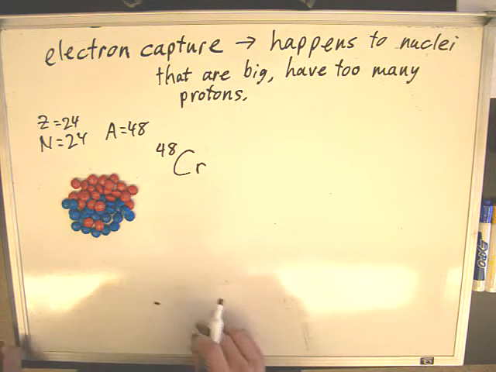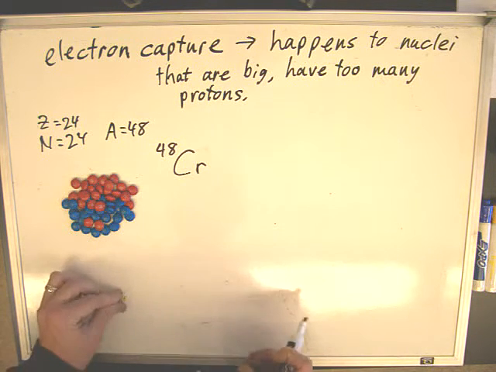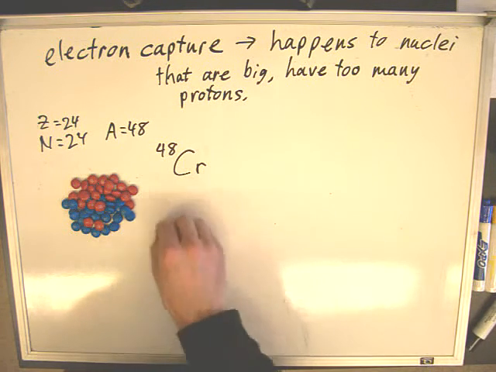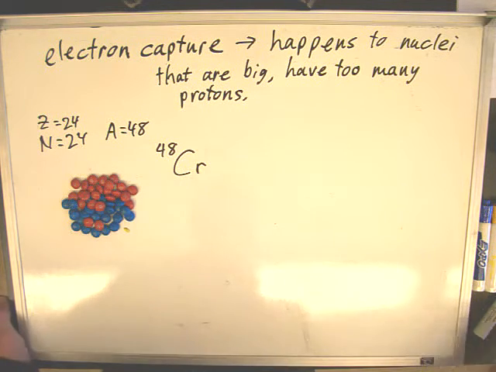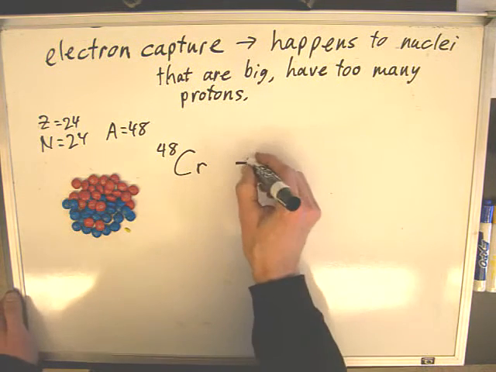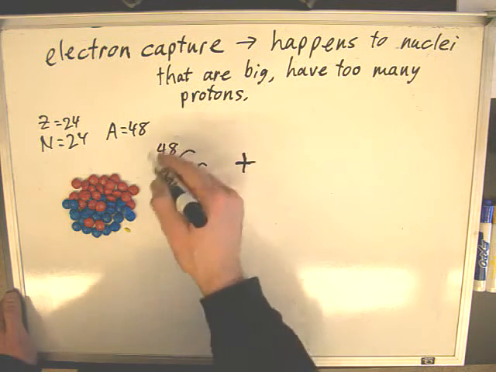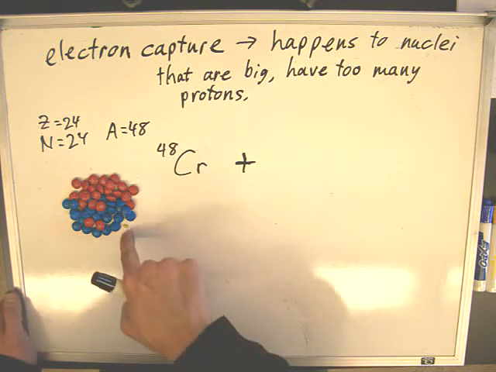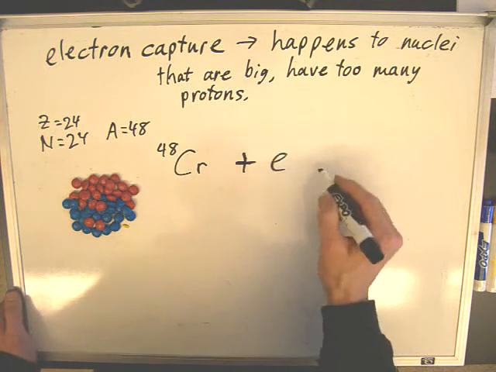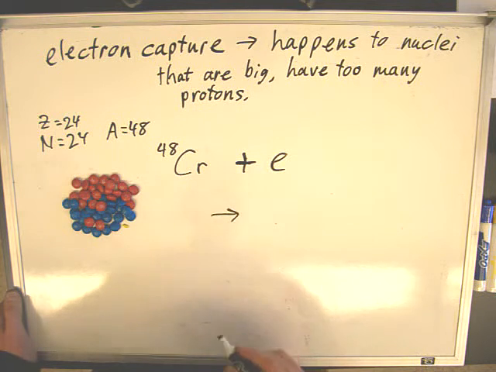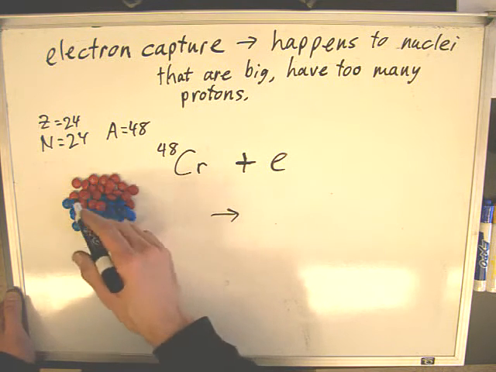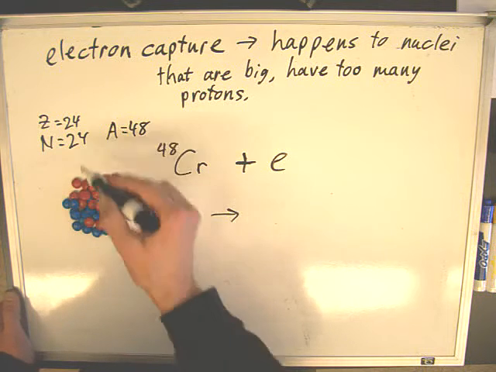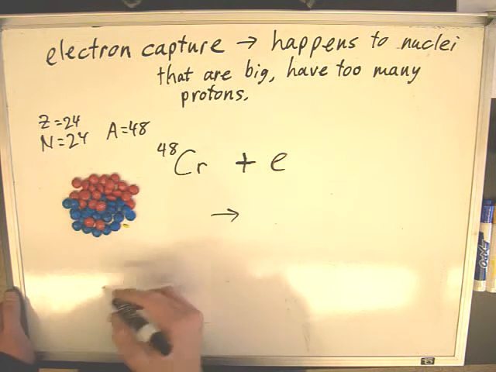Now, let's imagine that an electron comes wandering around and whoosh, goes into the nucleus. So I'm going to take the 48Cr plus an electron, and what do I get? Well, what happened to the charge here? The charge went from Z equals 24, I had a plus 24 charge here.